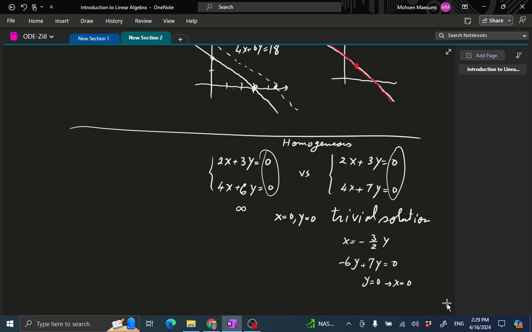So when you actually go ahead and solve this system with any of the methods you know, the only solution is 0, 0. This one has only one solution, which is just that trivial solution. There's nothing else. However, this one, other than the trivial solution, there's a whole slew of other possibilities.